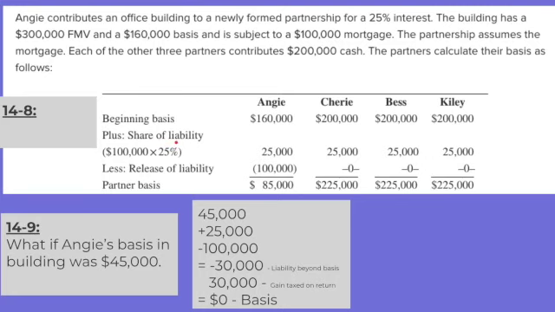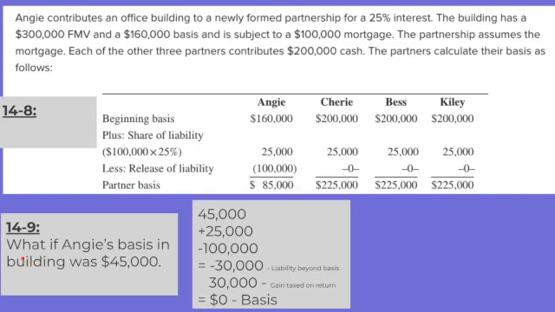Now we're going to allocate that liability that the partnership has taken on to each of the partners. And so they each get allocated according to their 25% partnership interest. They each get $25,000 of that liability, and it increases their basis. So the three partners become $225,000, Angie becomes $85,000.